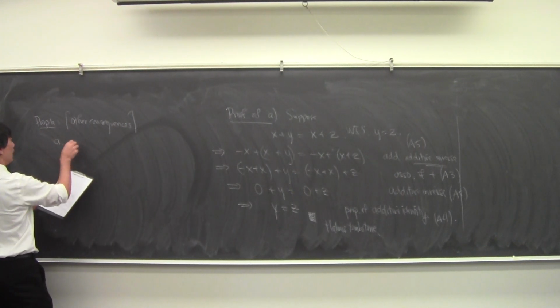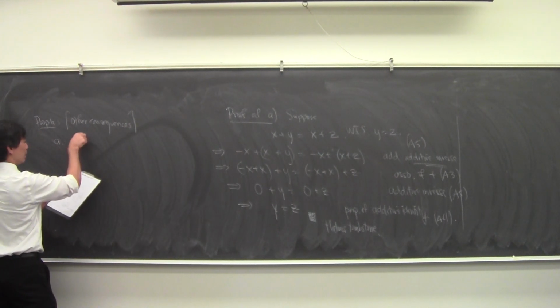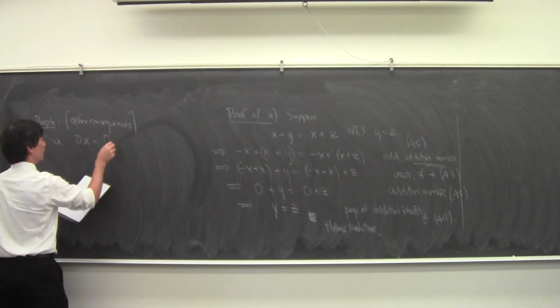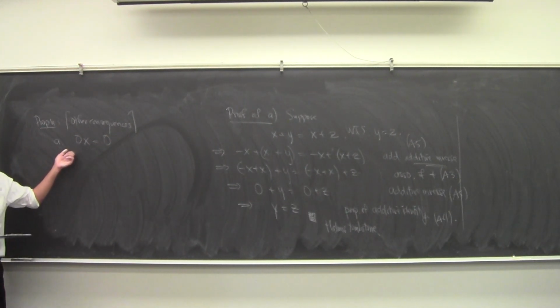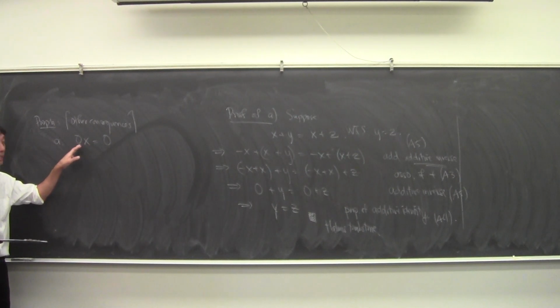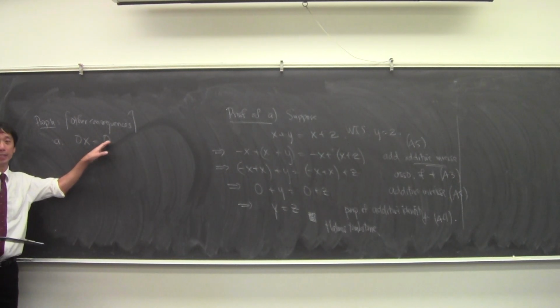That one: if you multiply anything by 0, the additive identity, then you get the additive identity.